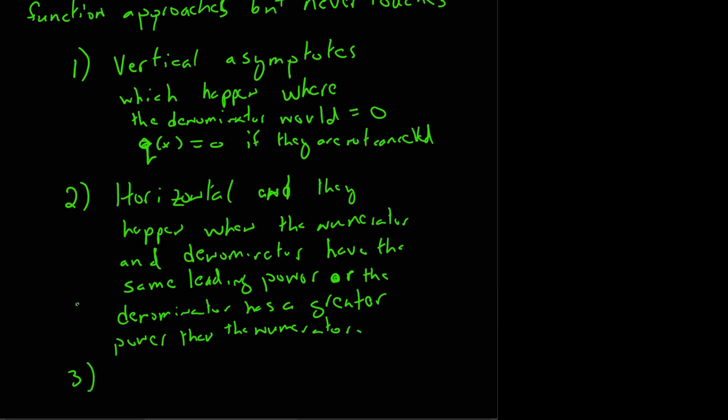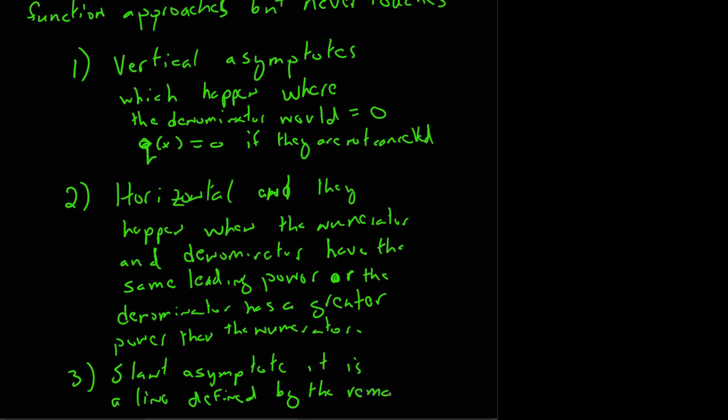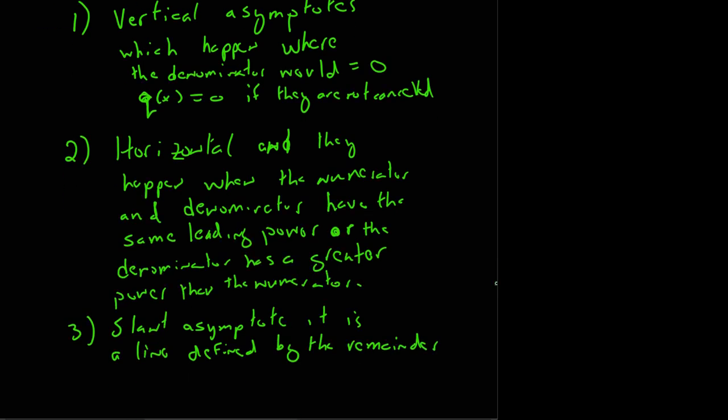And then the third one is a slant asymptote. It is a line defined by the remainder of the division.